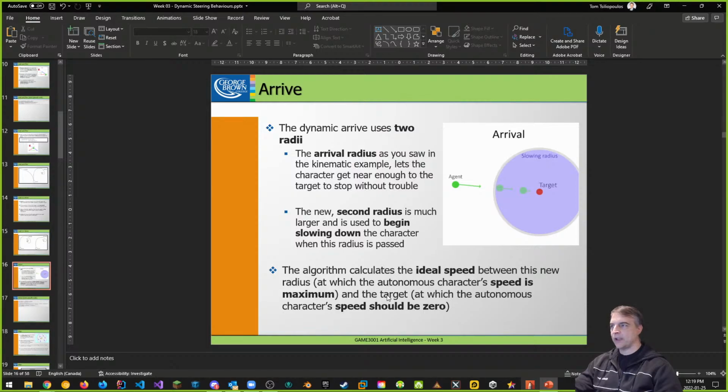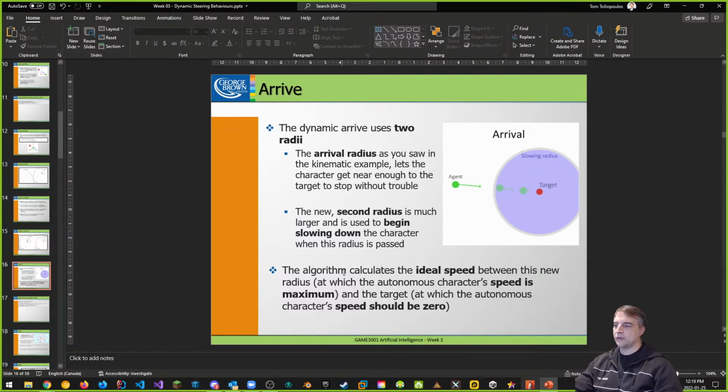The way arrive works, it uses two radii: the arrival radius, as we saw in the kinematic example from last week, as well as a second radius, which is much larger and is used to begin slowing down. Here is the slowing radius. When the agent hits that slowing radius, it starts slowing down until it reaches the target.